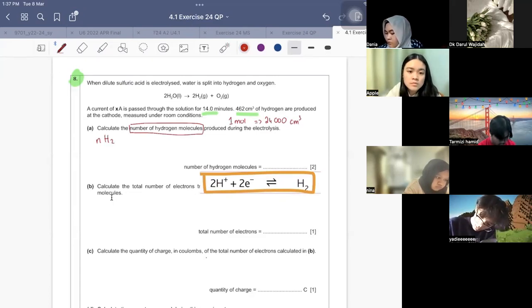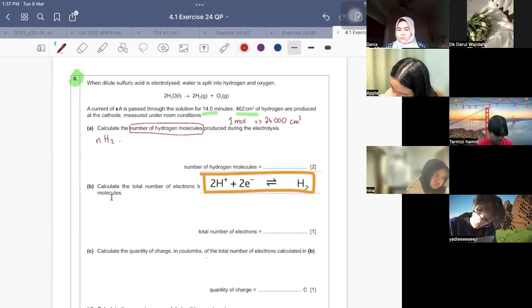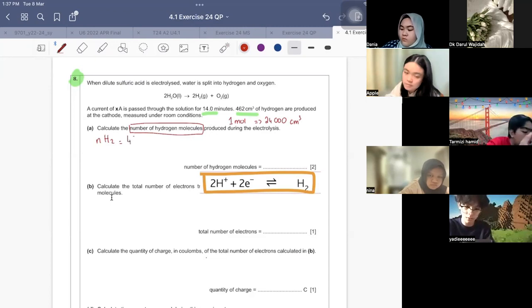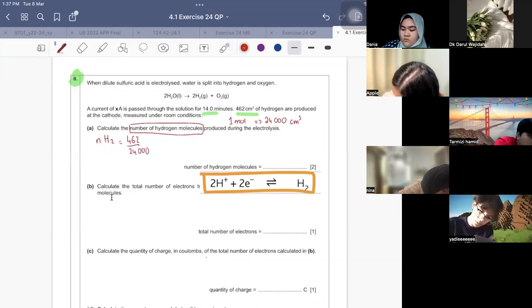Okay, so to find the number of moles, you take your volume, divide by 24,000. Okay, please do not use the formula n equals c over v. You do not have concentration here.